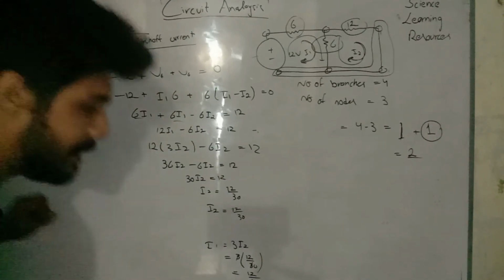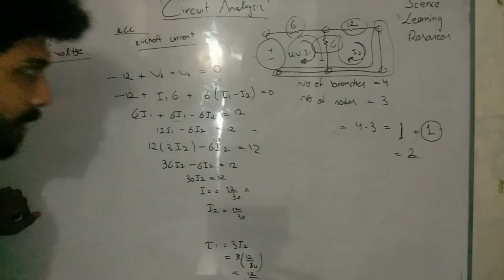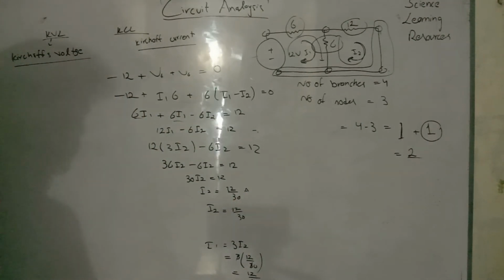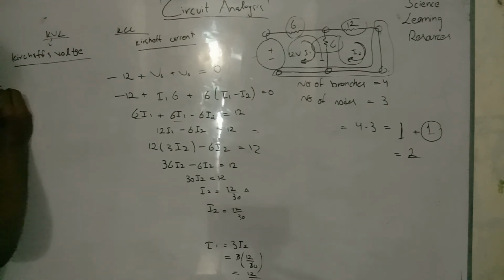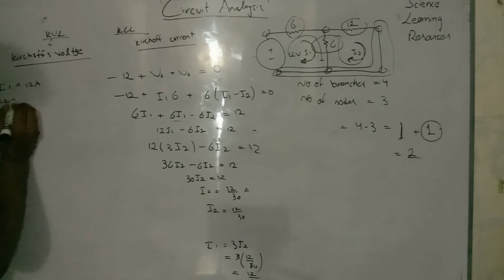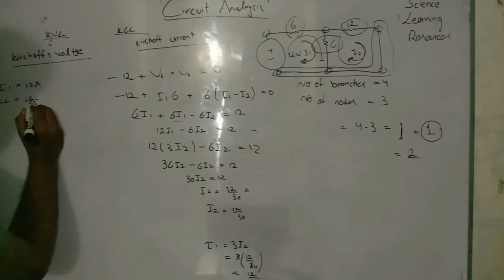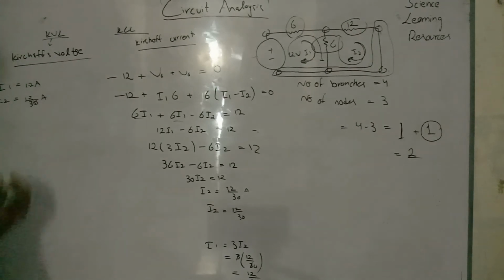So the current I1 is 1.2 amps, and the current I2 is 12 over 30 amps. So now I have two currents.